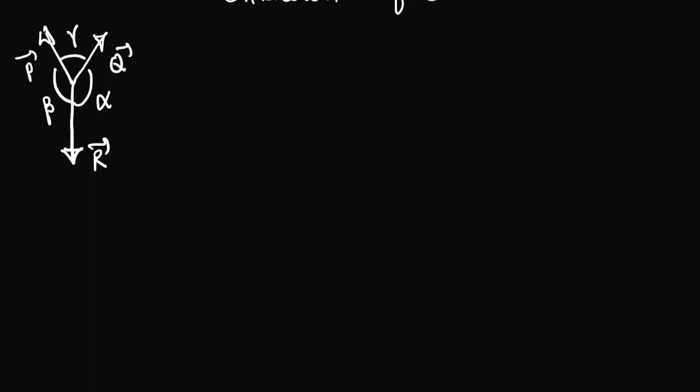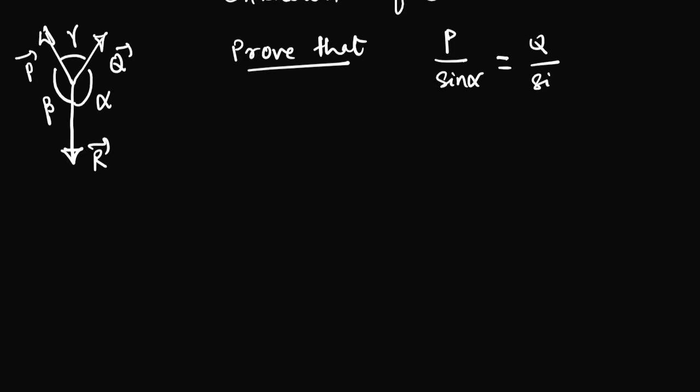Prove that, this is Lami's theorem, P by sine alpha equals Q by sine beta equals R by sine gamma.